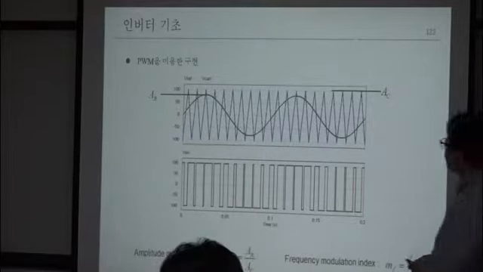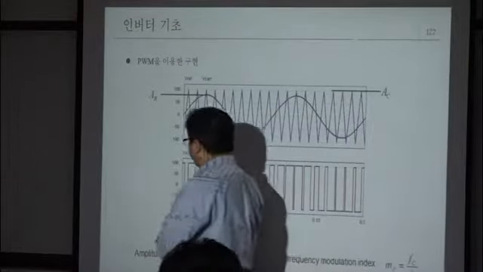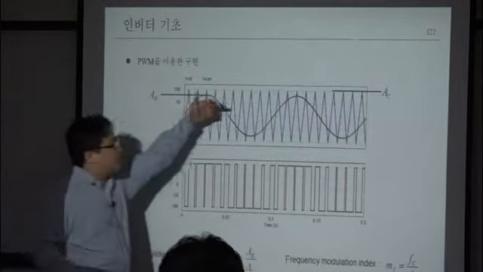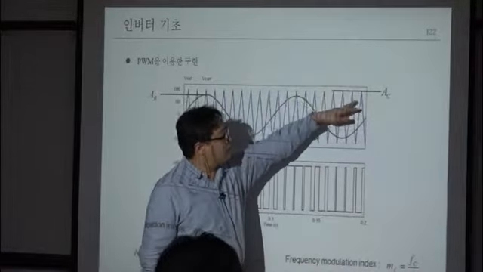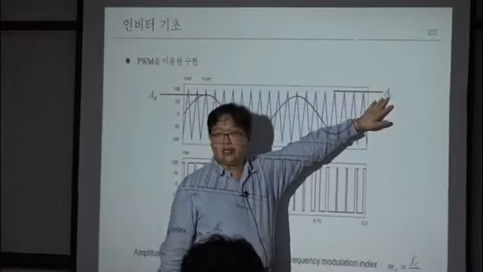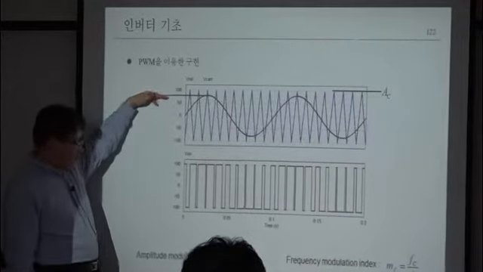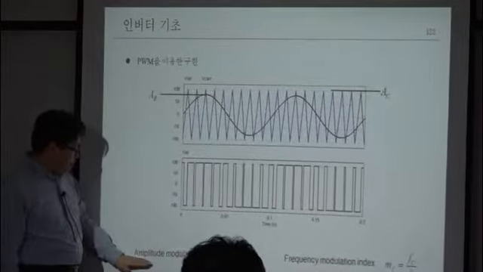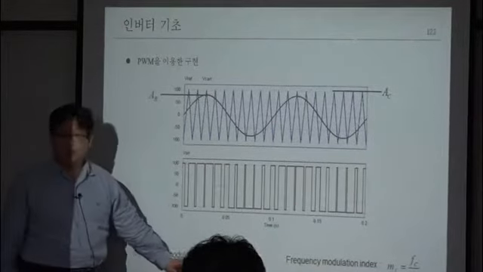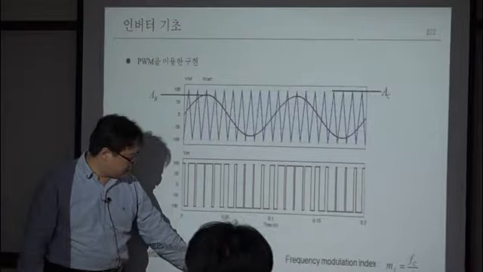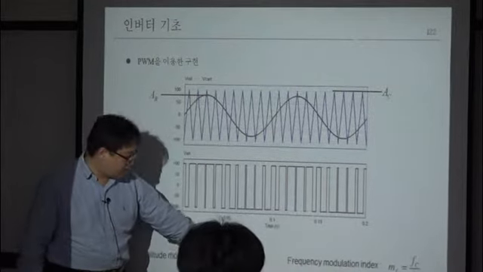So here you can define some terms. The peak of the carrier is AC here. The peak of your reference is AR. Then we can define the amplitude modulation index, which is written as MA. MA is what?